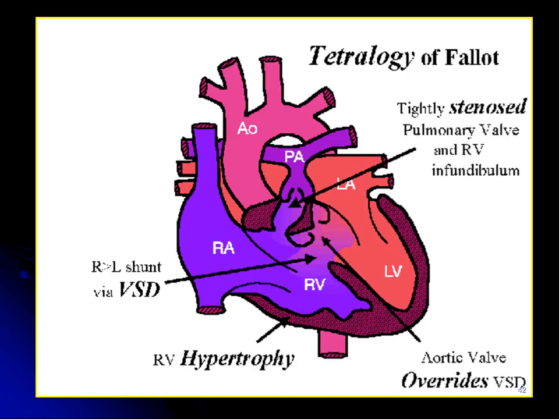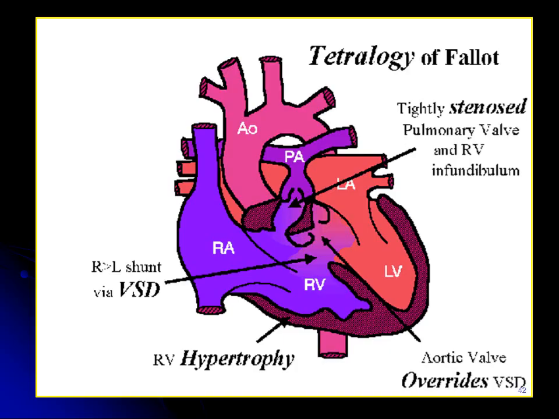Hence, patients are cyanotic. Blood entering the heart from the venous circulation goes to the right atrium, proceeding to the right ventricle, and blood gets to be shunted from the right ventricle directly to the left ventricle via an interventricular septal defect, bypassing the lungs, preventing oxygenation.